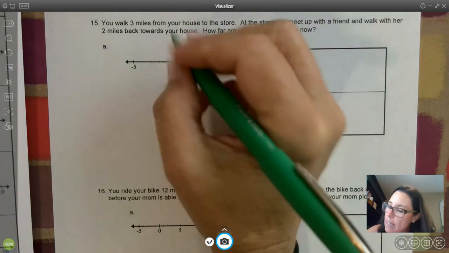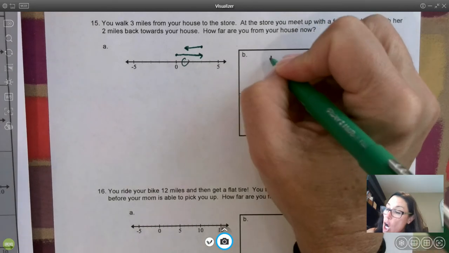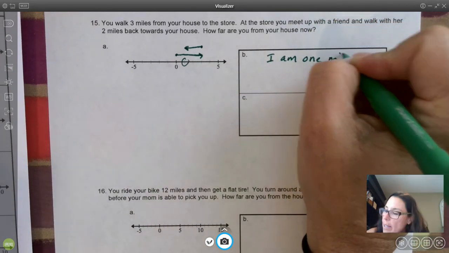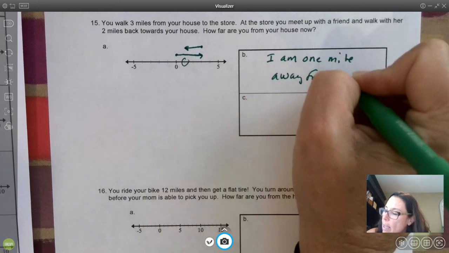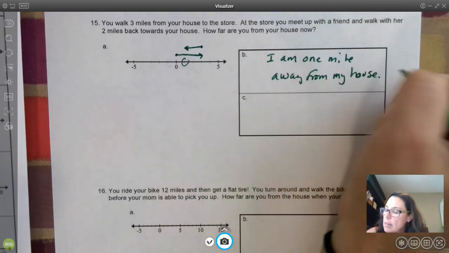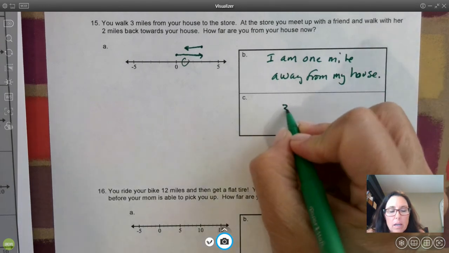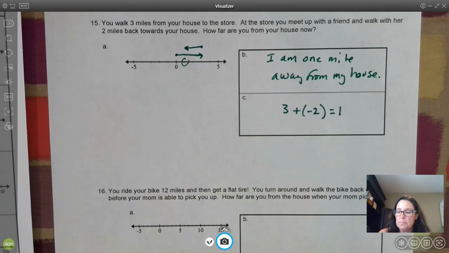Okay, so we're landing 1 mile. So in the context, I am 1 mile away from my house. Okay, and then the expression would be 3 plus -2 equals 1.